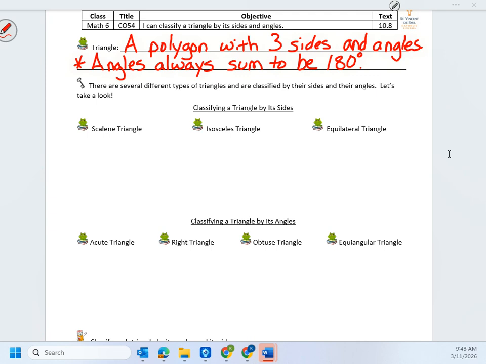That is a magic number working with triangles. You need to remember that, 180 degrees. Magic number. Okay? This is going to come in use in the next few objectives. So there are different types of triangles and are classified by their sides or their angles. Let's take a look.